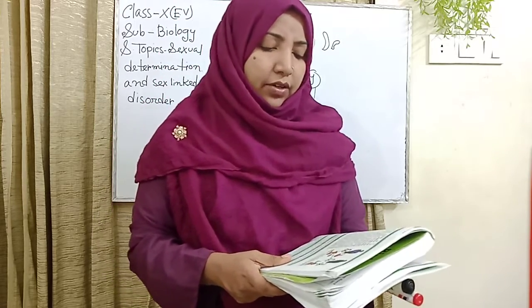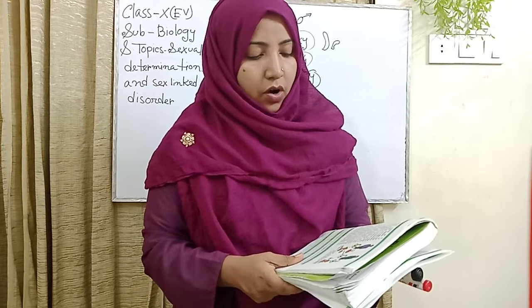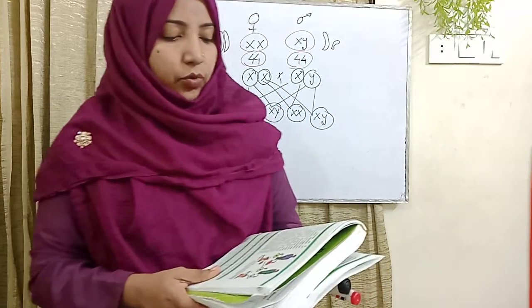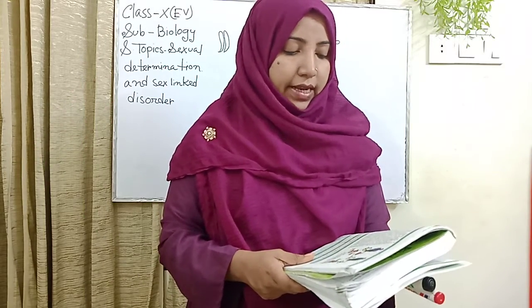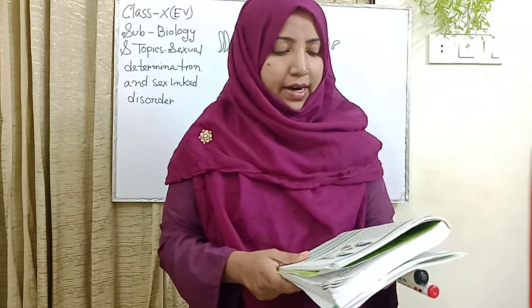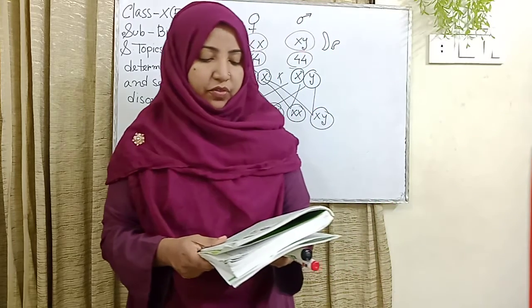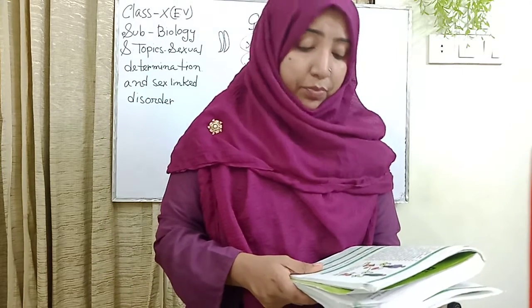So, a zygote can have both chromosomes as type X or can have one X and the other Y. The baby which is born having both the chromosomes as X, that is XX, will be a baby girl, and the baby who is born with one chromosome of type X and the other of type Y will be a baby boy.